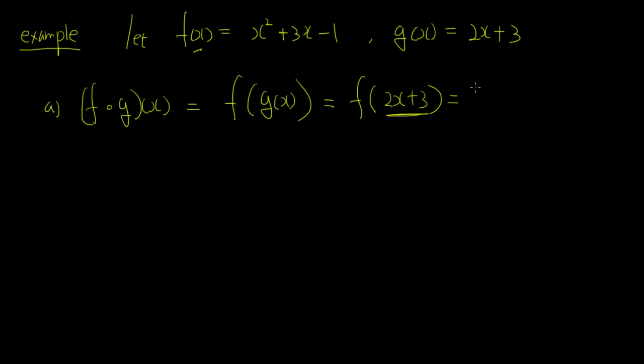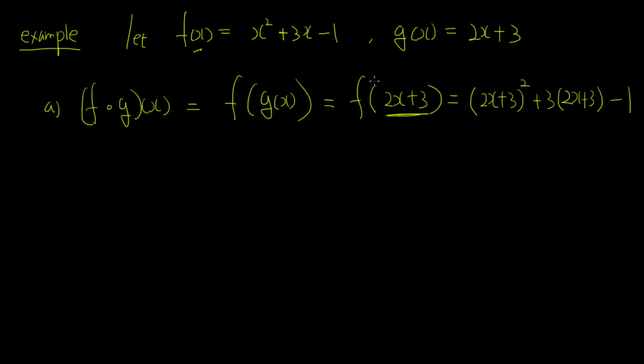So this is going to be not x squared anymore, 2x plus 3 squared, plus 3 times not x anymore, because the input value is not x, it's 2x plus 3. So 2x plus 3, minus 1. Now remember, if this is x, that's x, that's x, replaced by 2x plus 3.